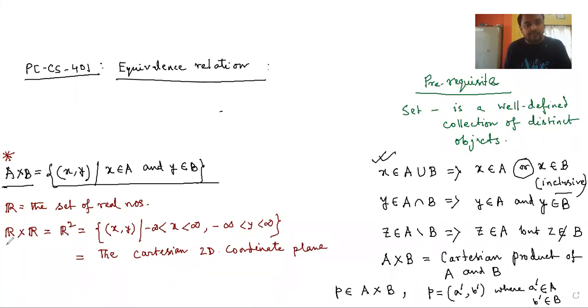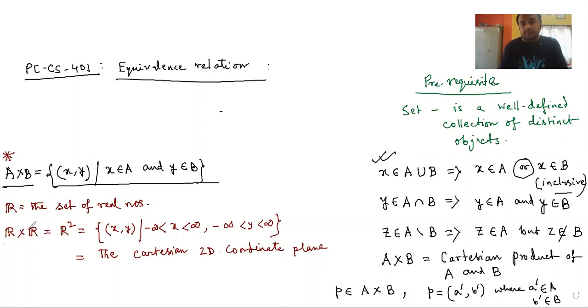In this example, I have taken the Cartesian product of the set of real numbers with itself. So it is a special example of the Cartesian product which has been defined above and was denoted by A cross B. Here A is capital R and B is capital R, and they are both the same.